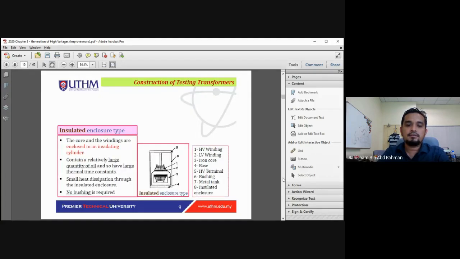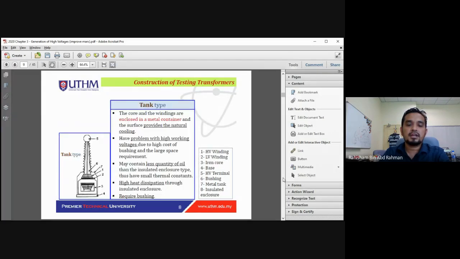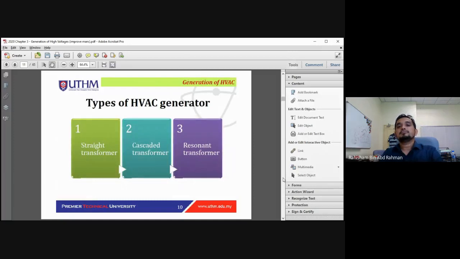You can have a look and read to know the characteristics of the insulated enclosure type and the tank type. And then we move to the straight transformer. There are three main categories for the HVAC: we have a single straight transformer, the cascaded, and the resonant.